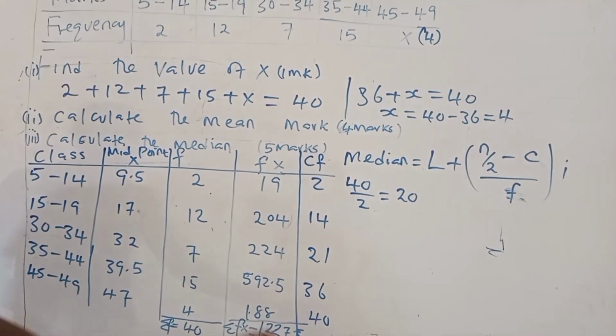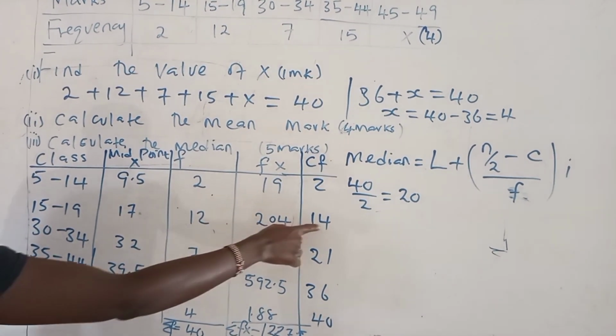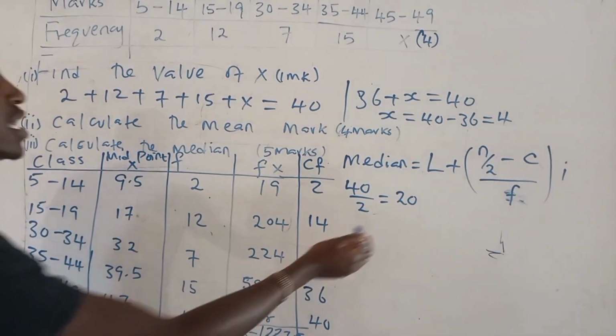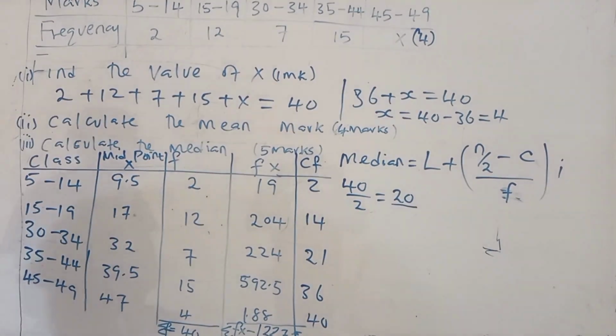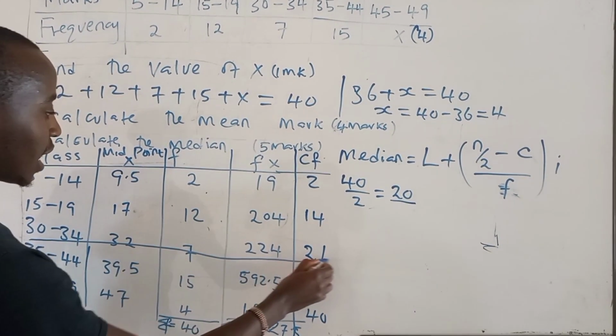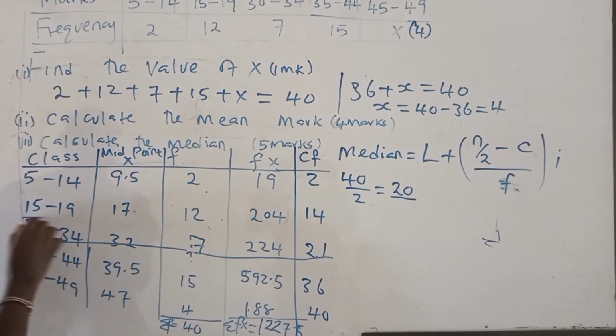This is cumulative frequency. We take the frequency and add the next to obtain the next. So where does the 20th mark lie? The 20th mark lies on this class.